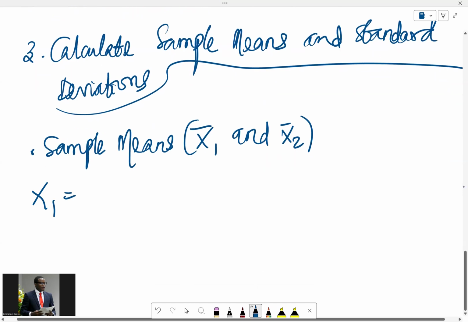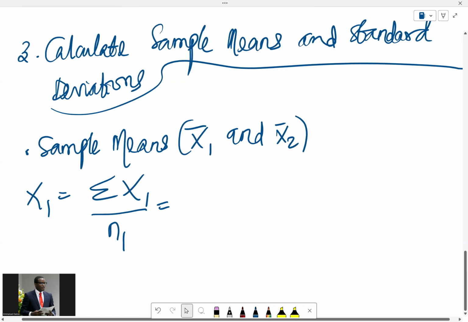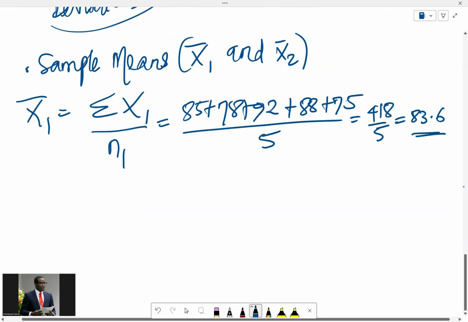So x1 bar is summation of all x1 divided by n1, and n1 is 5. So for the first one, we have 85 plus 78 plus 92 plus 88 plus 75 divided by 5. That is 418 divided by 5, which is 83.6. That's x1 bar.